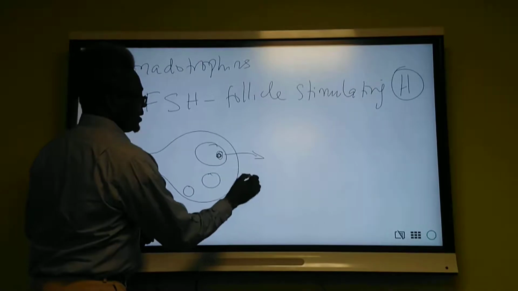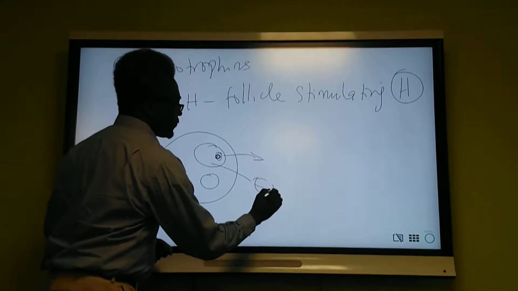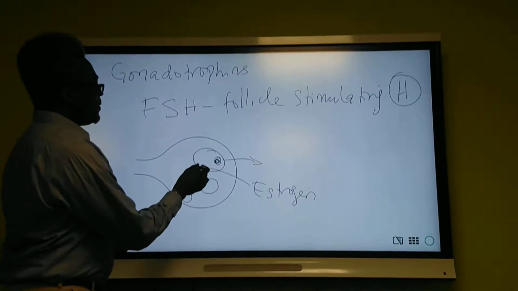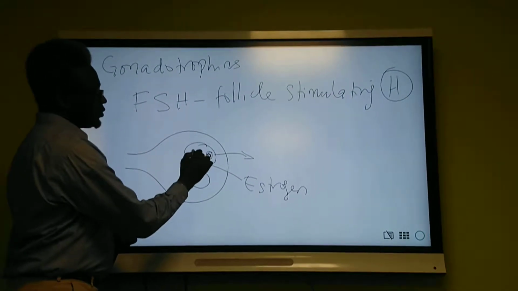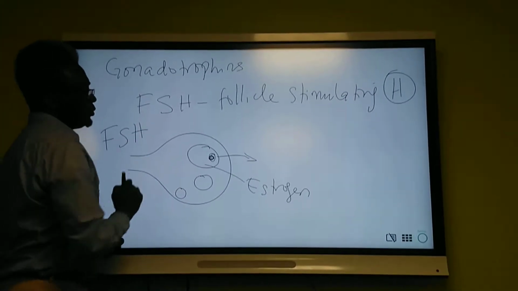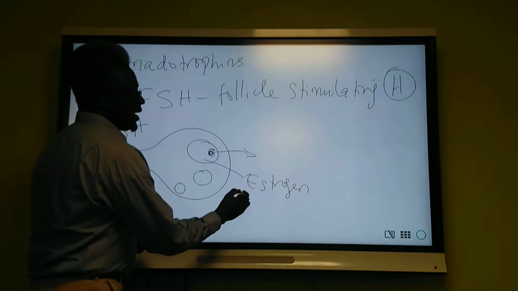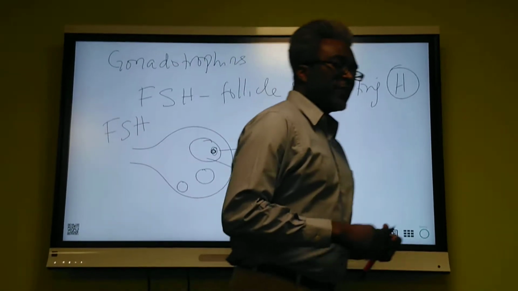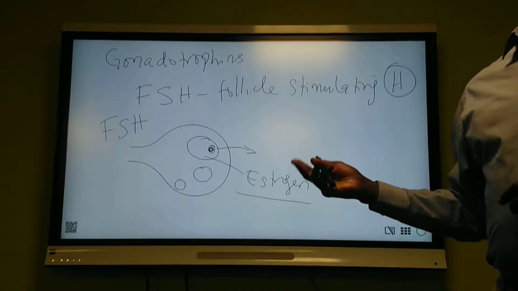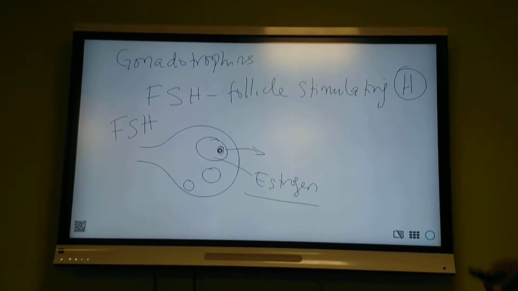So you have estrogen, which will start to be released from the follicle, courtesy of follicle stimulating hormone. Estrogen's effect facilitates breast development and pubic hair in ladies, whereas in men it is testosterone, which we'll talk about later.